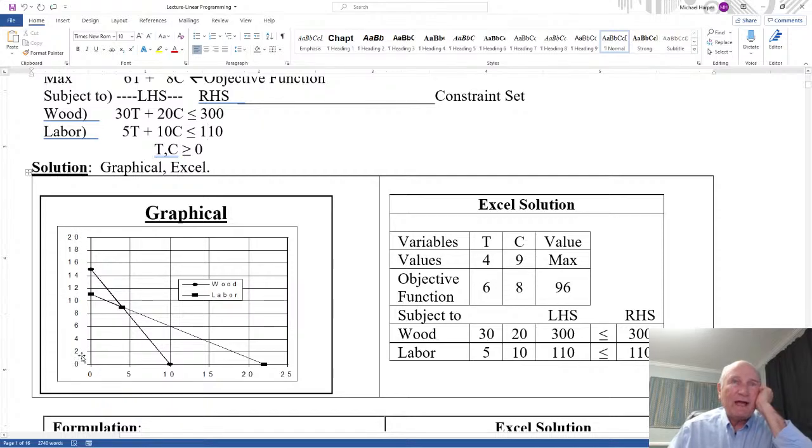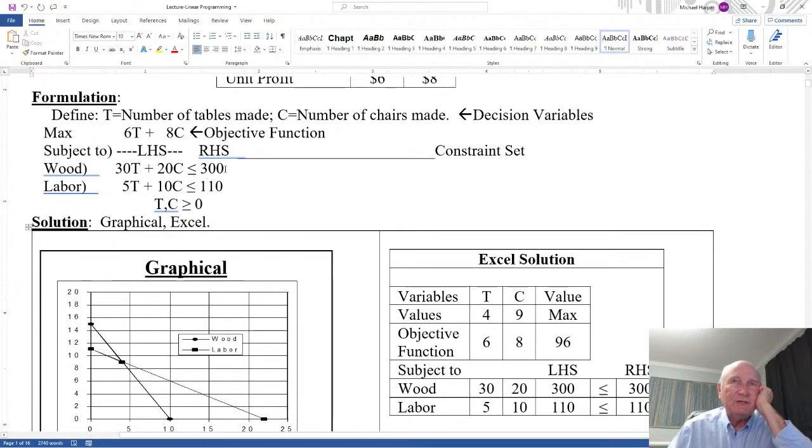No, the y-axis is the chairs, and the x-axis is the tables. Okay. For example, if I solve this equation, I'll have C is equal to 300 divided by 20, minus 300 divided by 30, times t.